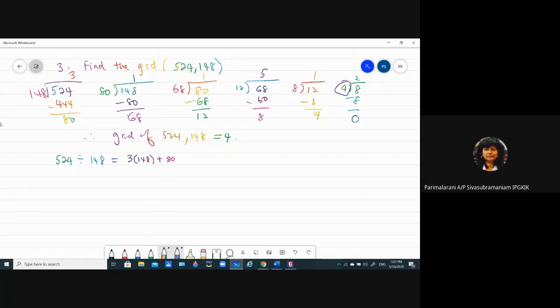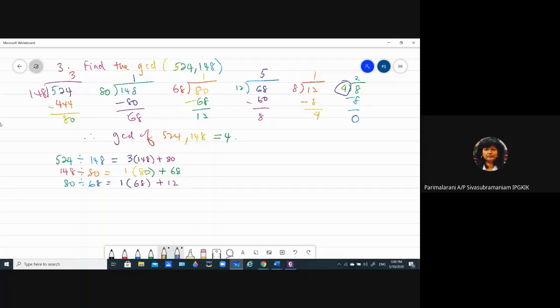So what is the next one? Next line will be 148 divided by 80 equals 1 times 80 plus 68. Okay, then 80 divided by 68 is equal to 1 times 68 plus 12.